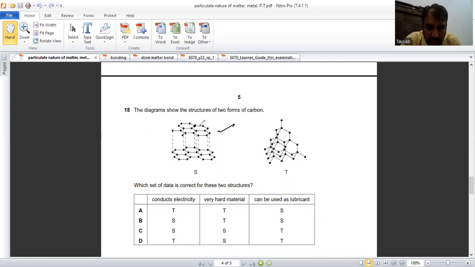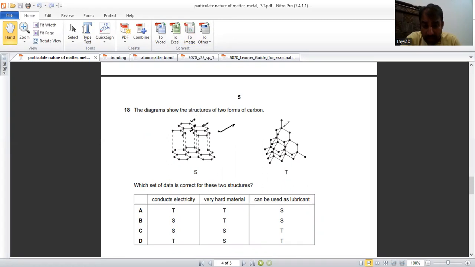Each carbon is bonded with 3 other carbon atoms. In total, there are 4 electrons in the outermost shell. That means 1 electron becomes free from each carbon atom, so this free electron helps to conduct electricity.